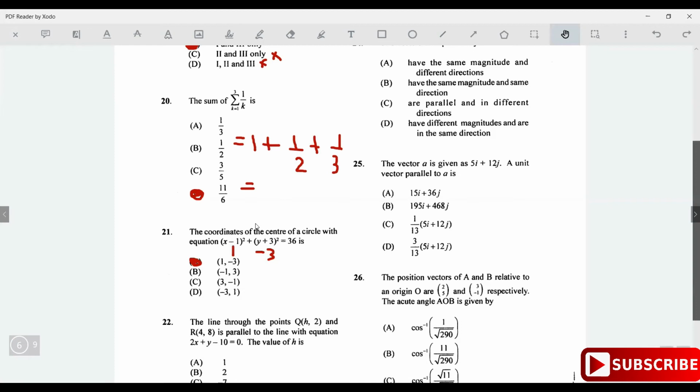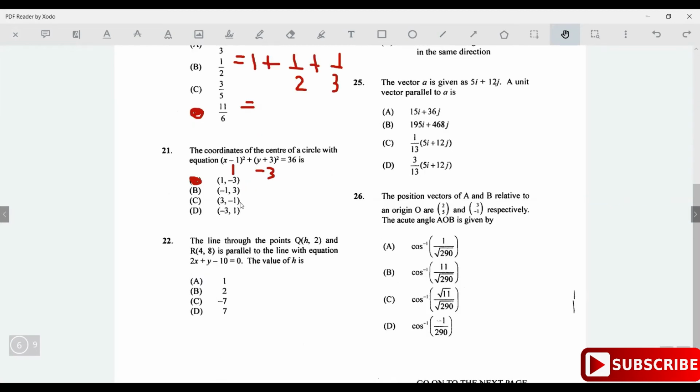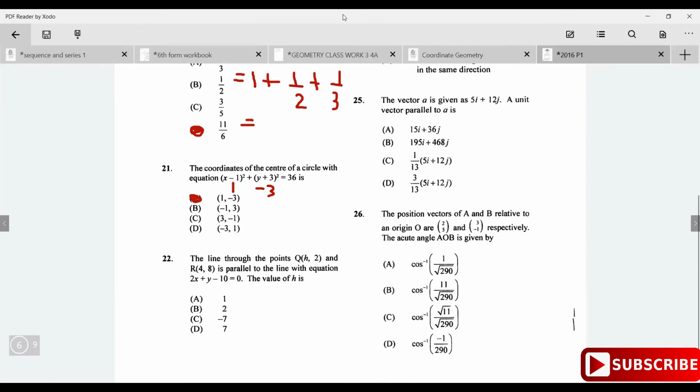This says now, the line through the points Q is h, 2 and R is 4, 8, and is parallel to the line 2x plus y minus 10 equals 0. So first, find the gradient of this line. And to find the gradient of this line, what we need to do is, of course, make y the subject.